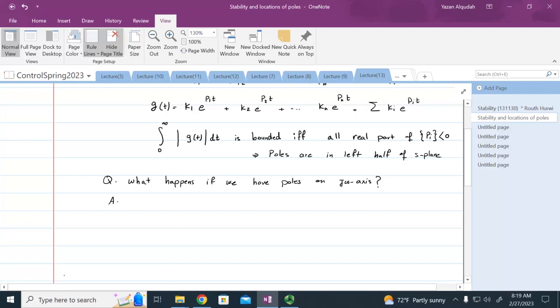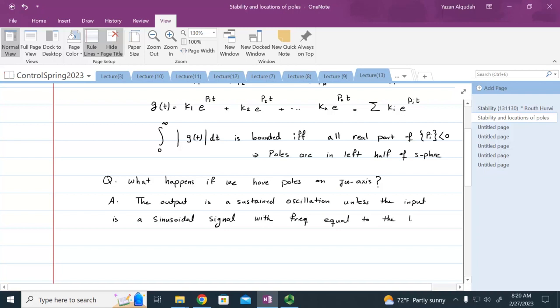In this case, the output is a sustained oscillation, unless the input is a sinusoidal signal that has the same frequency as the locations of the poles on the j omega axis.